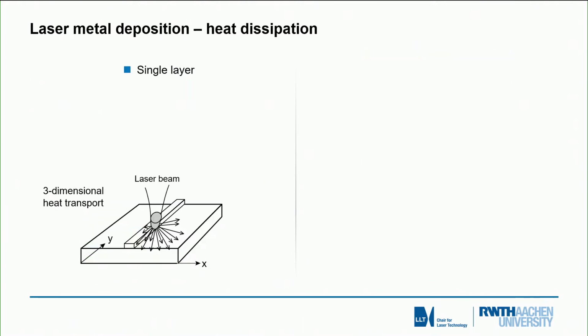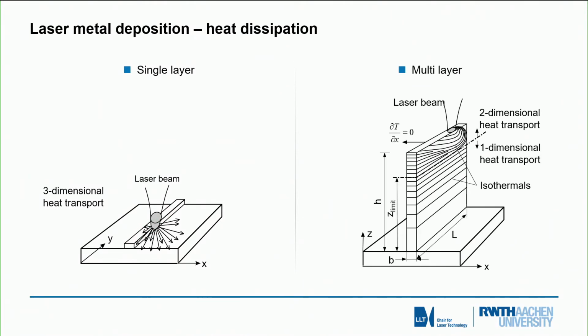If we look at the process in more detail, of course we have the deposition of the laser energy, the absorption in the powder, the melting process, and then of course the heat conduction. If you look at it in more detail, then of course it is obvious that we need to adjust the speed at which we deposit the energy, so the energy deposited per time and length, such that we get more or less constant temperature on the surface.